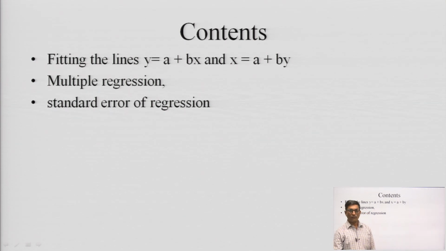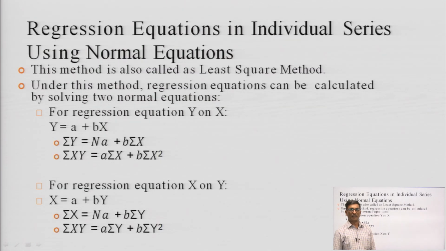So, how do we find the regression equation in individual series using normal equations? This method is also called the least square method, because in this we minimize the sum of the squares of the distances or residuals.